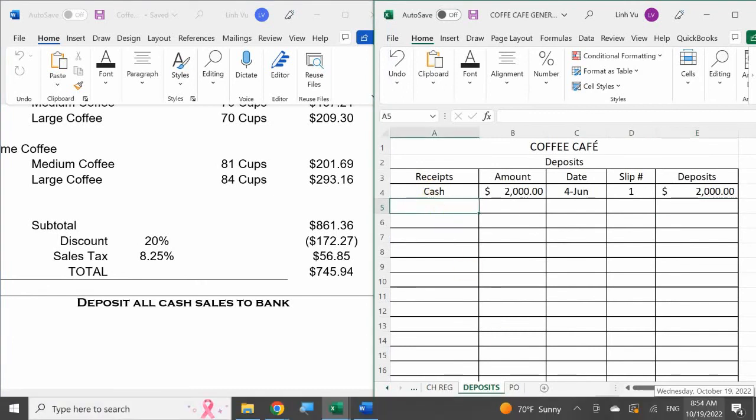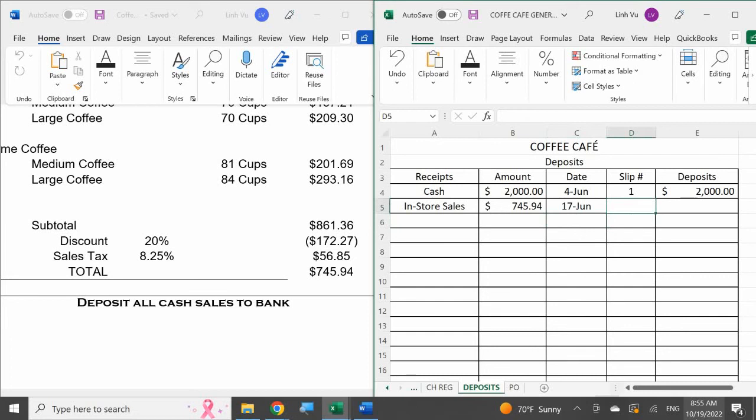What were my receipts for? $745.94. Okay, what's today's date? The 17th.